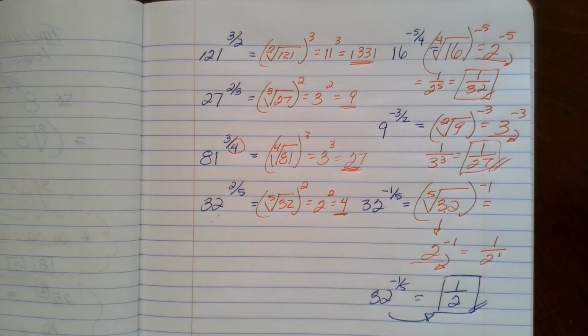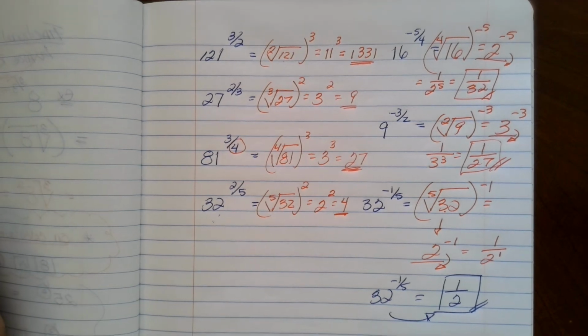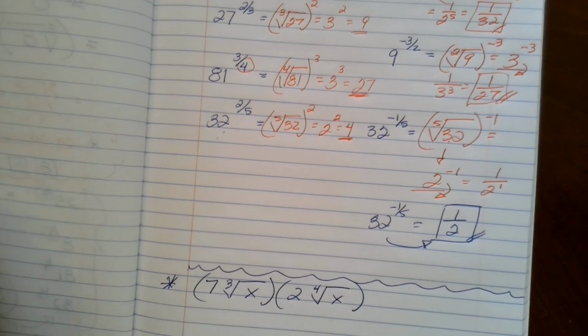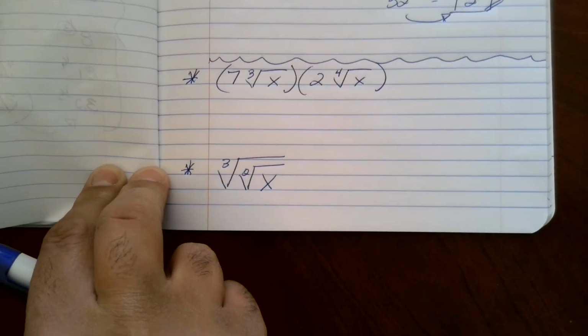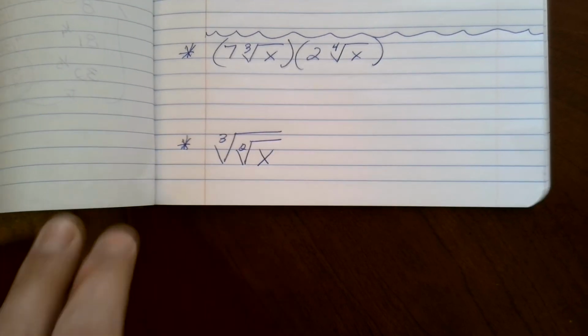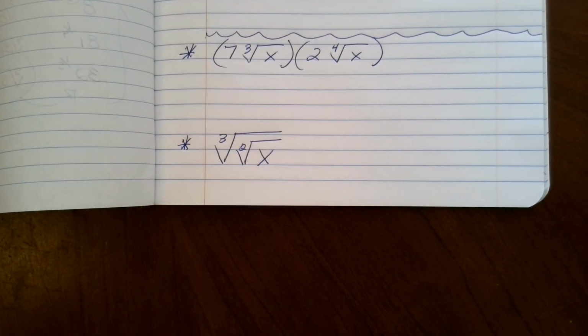So let's try some more challenging ones, some with variables. This example says 7 cube root of x times 2 fourth root of x.